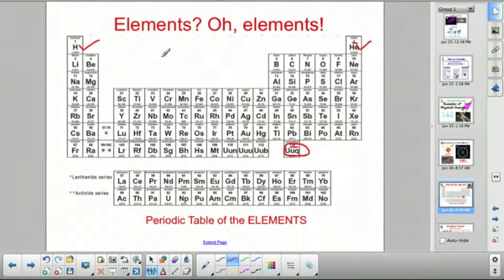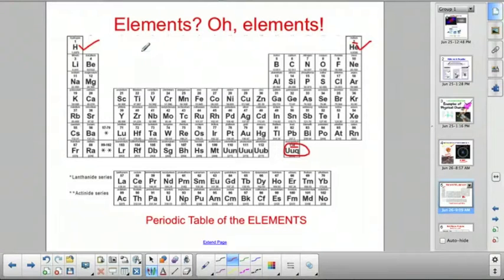Now, an element, in terms of what we're talking about here, atoms are the smallest units of matter. Elements are made up of atoms of a particular type. So in other words, hydrogen is made up of atoms that contain only 1 proton.